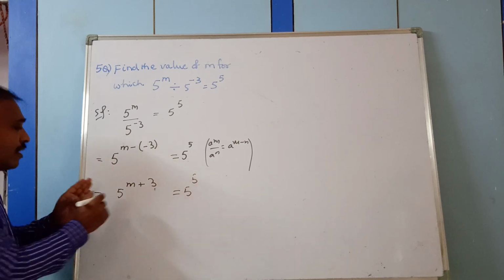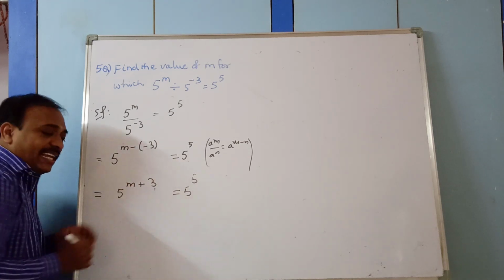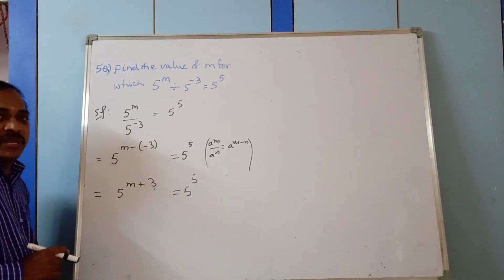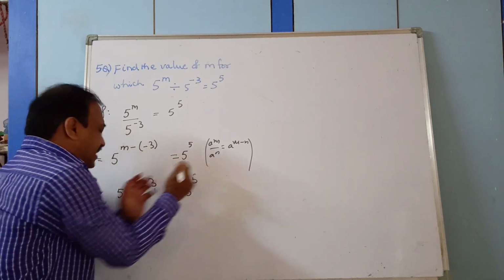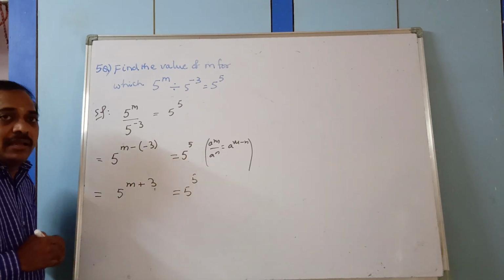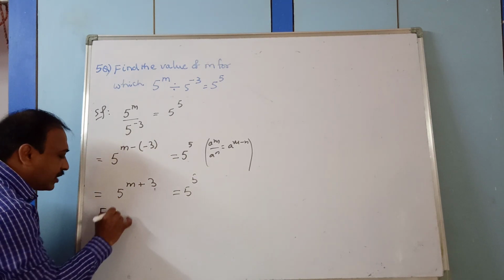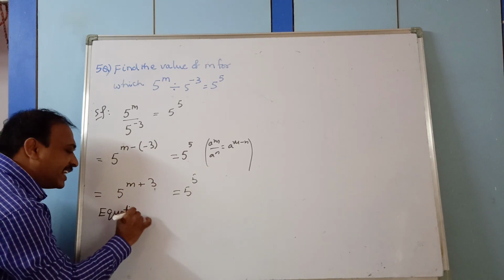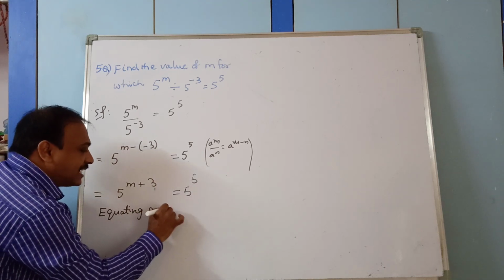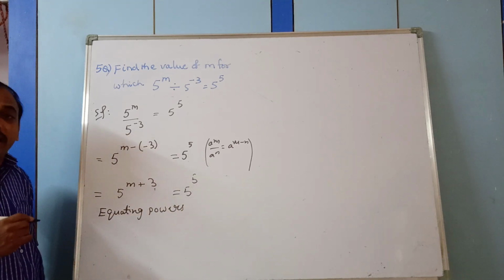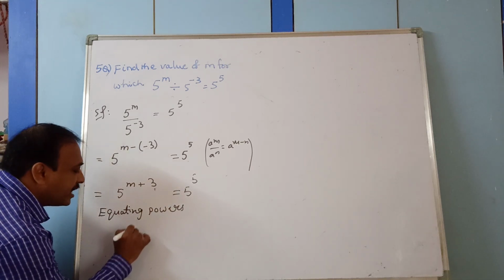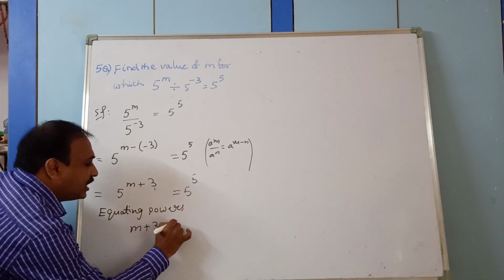That is the meaning. 5 to the power m plus 3 is equal to 5 to the power 5. Bases are equal. So equating the powers. What we are doing? Equating powers as bases are equal.